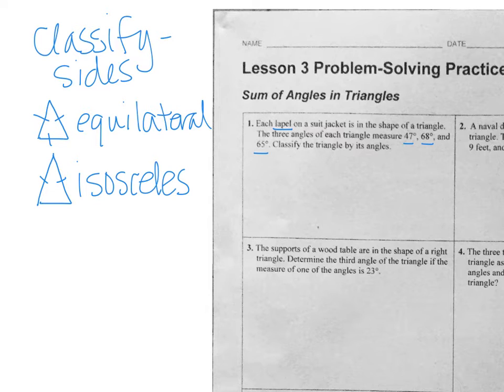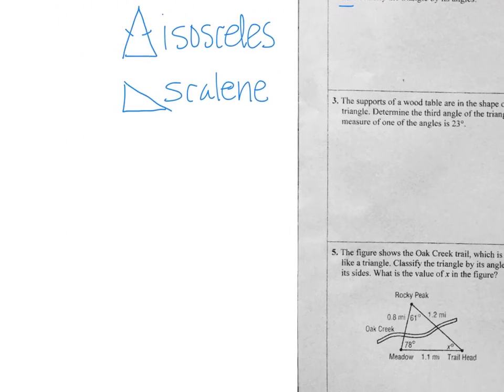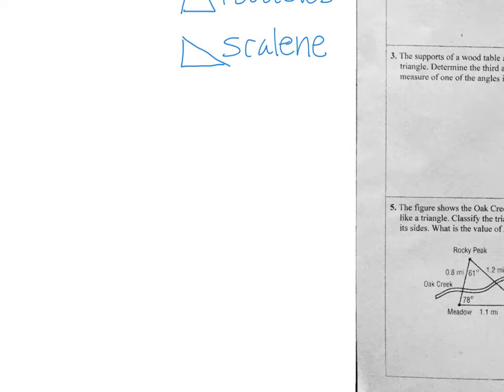And if none of the sides are the same, we call that scalene. We can also classify by their angles. So let's take a few notes here.